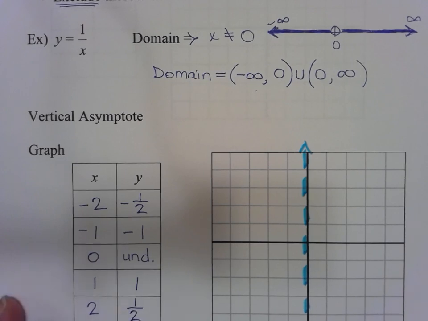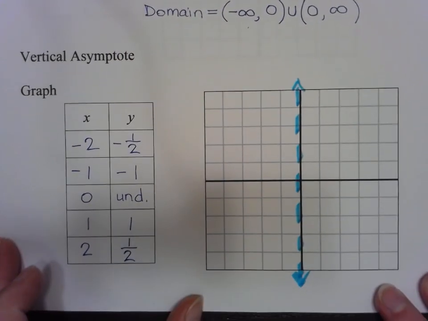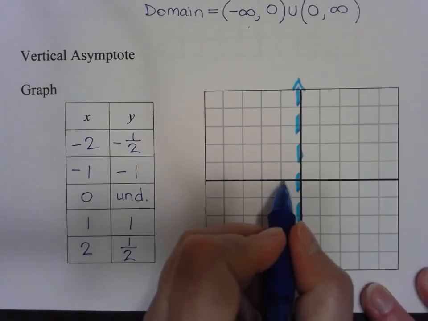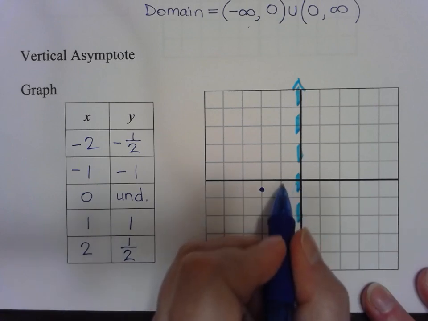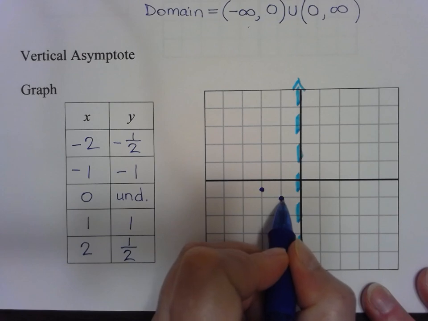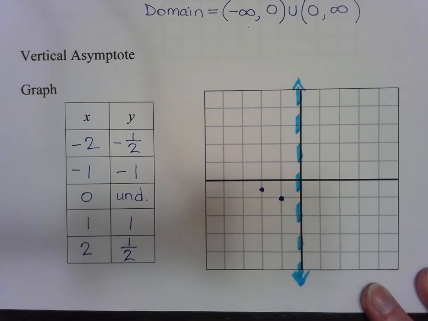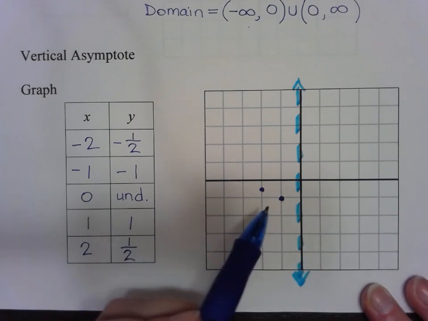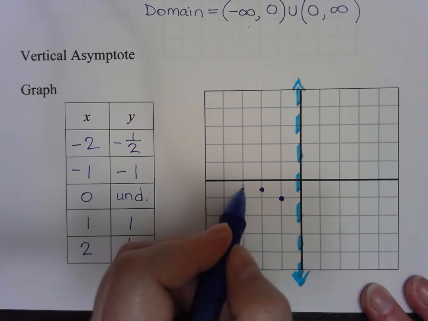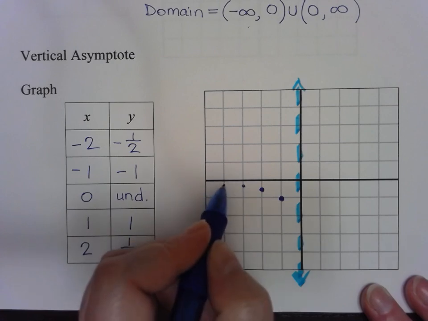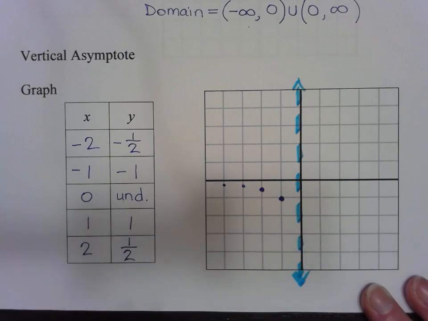Okay, so let's plot those. At -2, I'm at -1/2. At -1, I'm at -1. We could definitely pick more points. If I were to do, say, -3, I'd be at -1/3. -4, I'd be at -1/4, right?